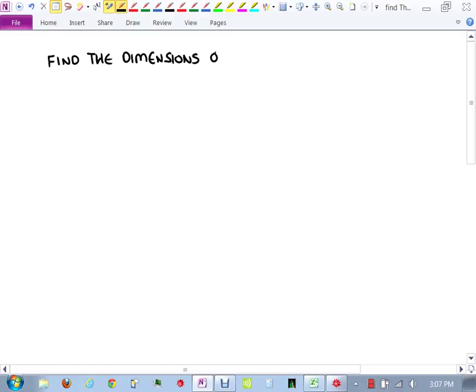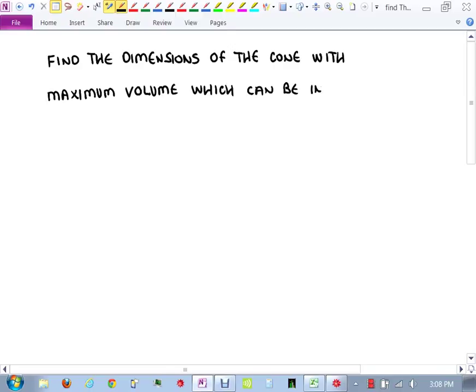Find the dimensions of the cone with maximum volume, which can be inscribed into a sphere of radius 1 foot.